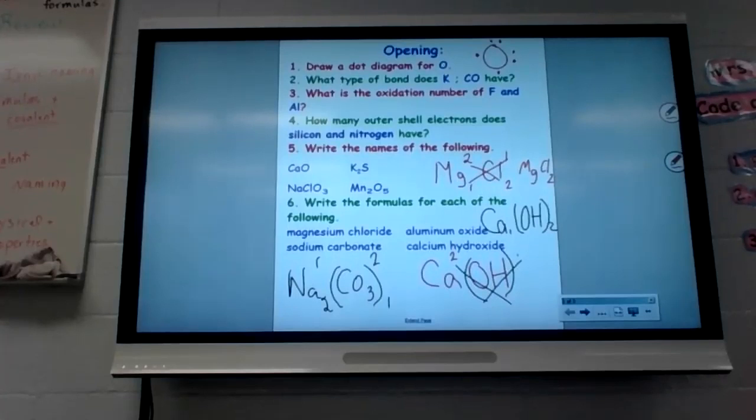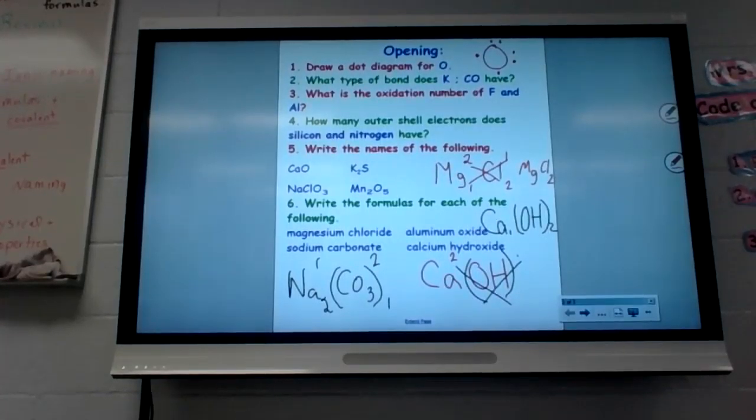Number 4, aluminum iodide. 5, potassium bromide. 6, aluminum oxide. 7, copper iodide. 8, tin chloride. 9, hydrogen fluoride. 10, silver phosphate. 11, cadmium sulfide. And 12, aluminum sulfate.